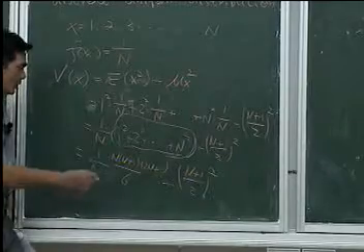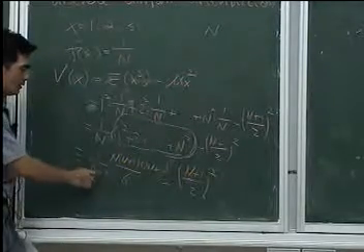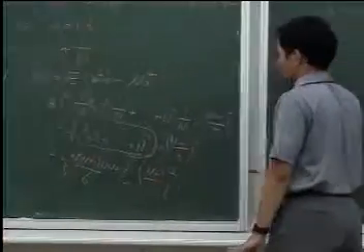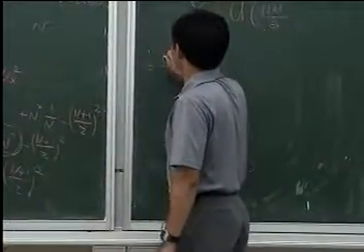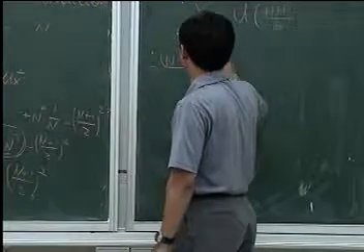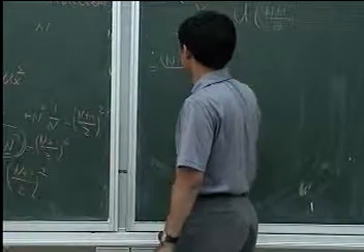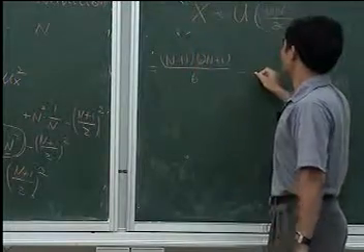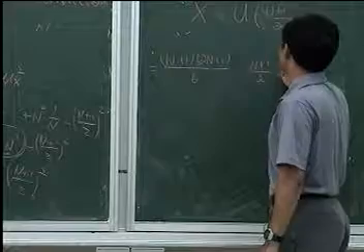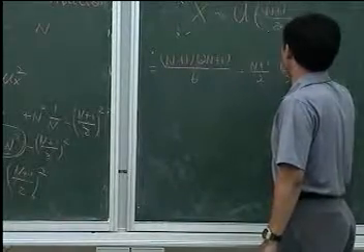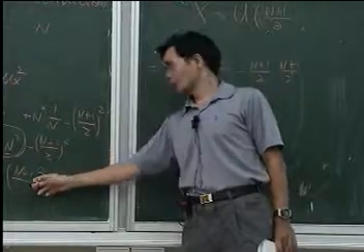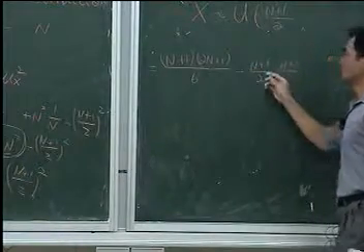And then you have n and n cancel out. So you have n plus 1 times 2n plus 1 divided by 6 minus, because this is n plus 1 over 2 squared, so it is this.